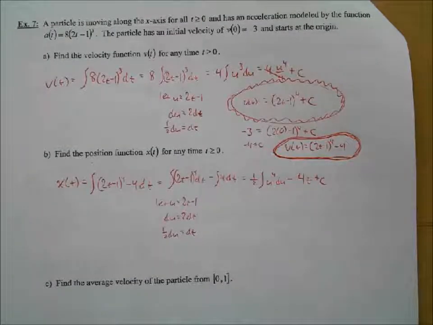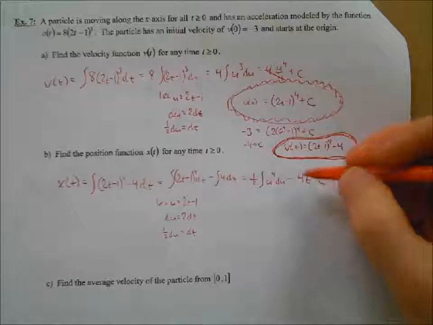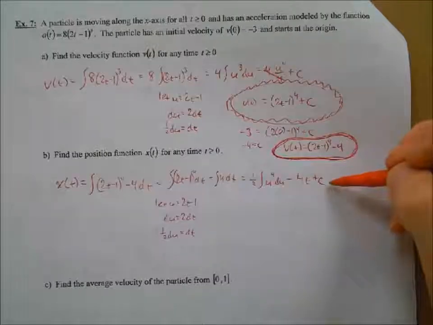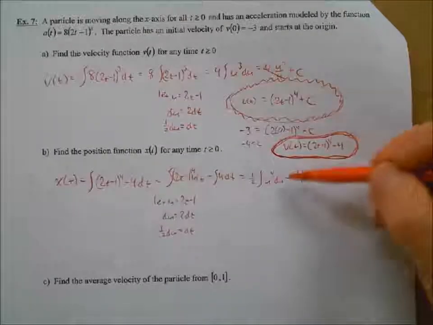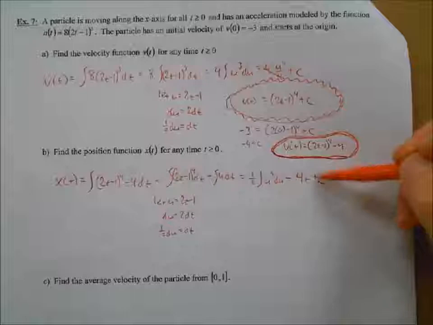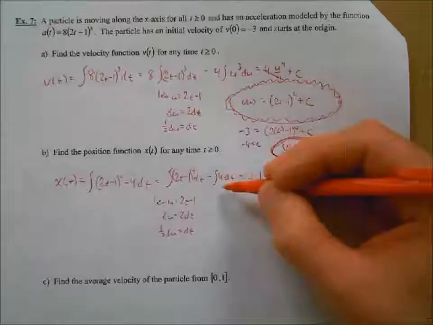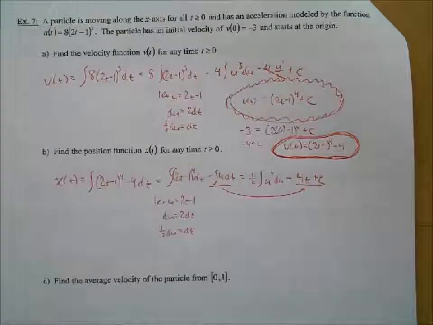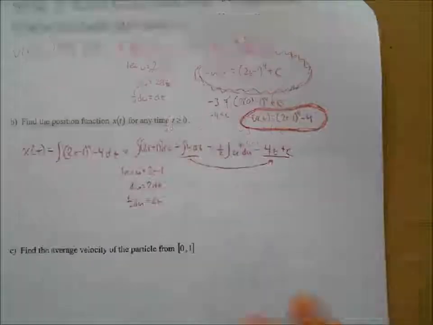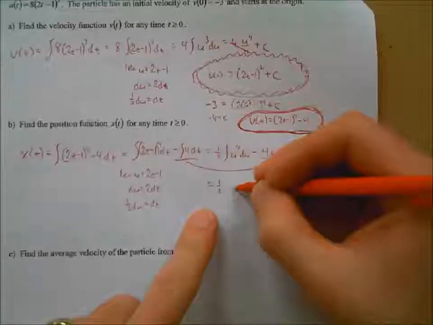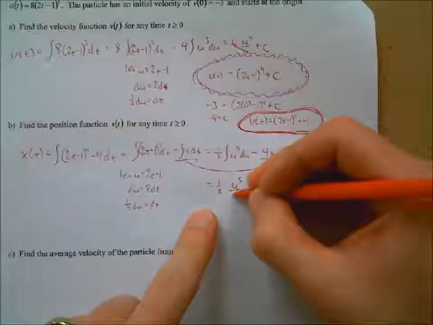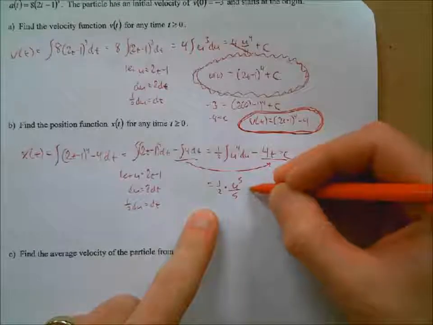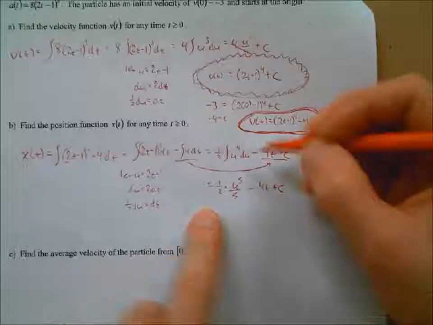Because I integrated the 4 there, you have to put the plus c in right here already. So make sure you put that plus c in there. The integral of something to the 4th is that something to the 5th over 5, minus 4t plus c. I don't need to bring in another plus c.